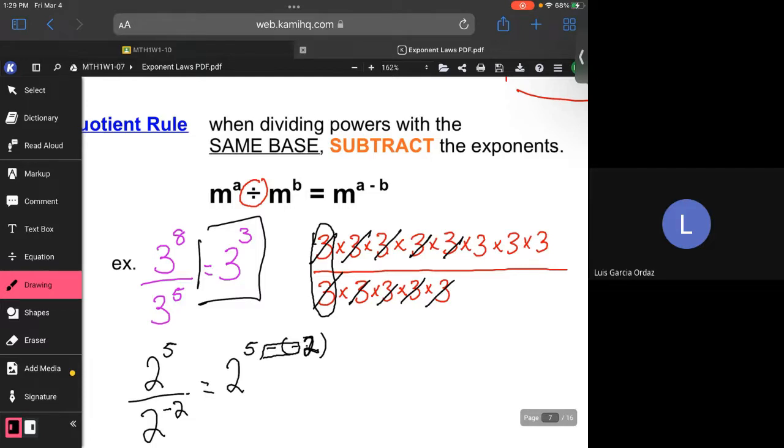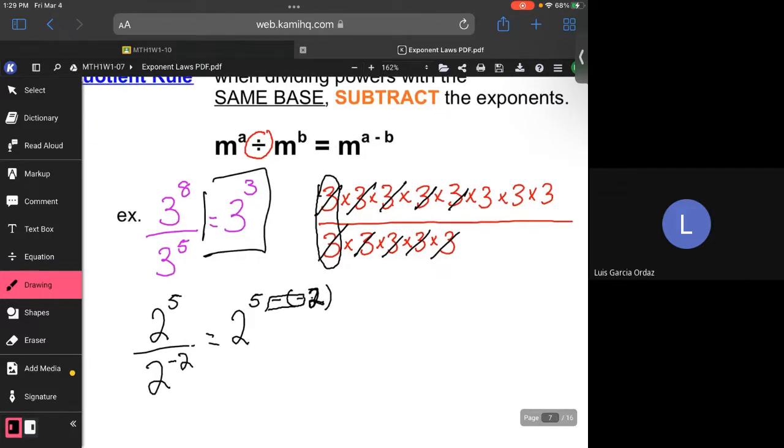Laura? Positive. So it's basically the same thing as saying 5 plus 2. And like Gian said, it's 2 to the power of 7. And yes, there are negative exponents that exist. And I'll show you as to why when we get to the 0 exponent.